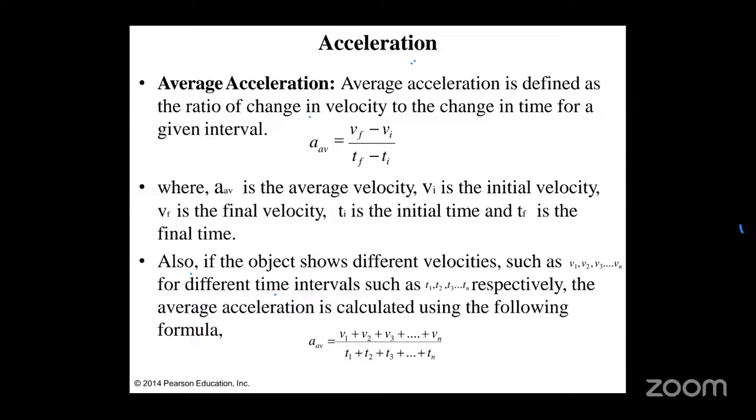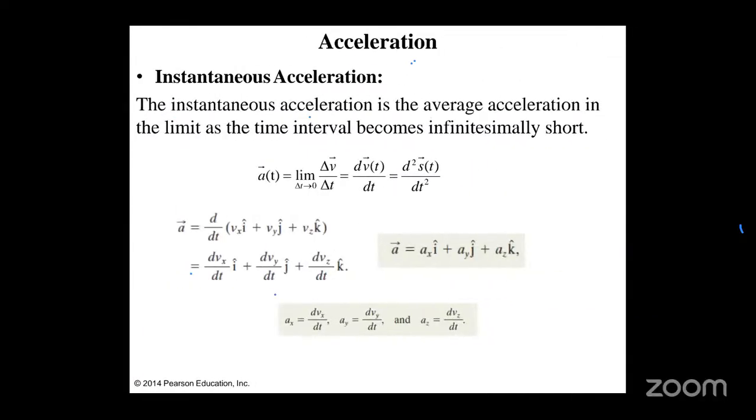The ratio of change in velocity to change in time will give us our average acceleration. And for instantaneous acceleration, it is the average acceleration in the limit as the time interval becomes infinitesimally small.